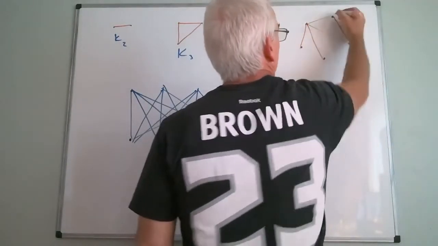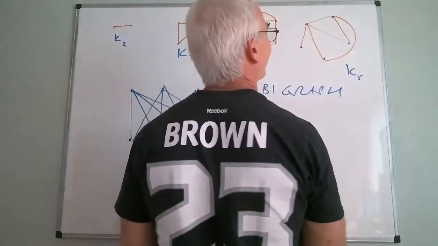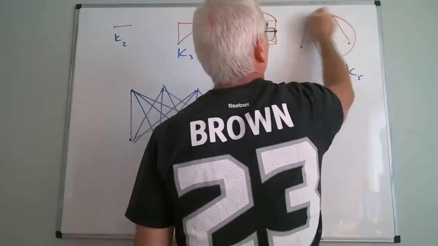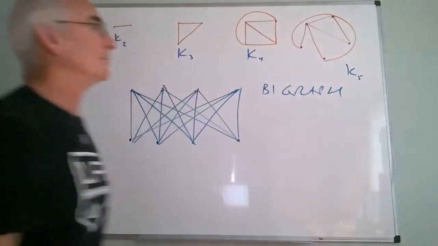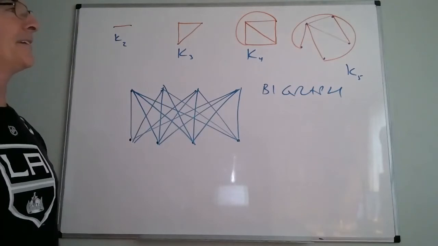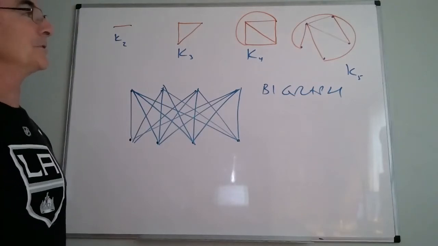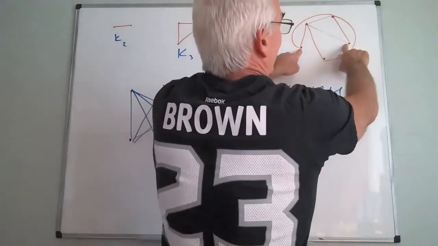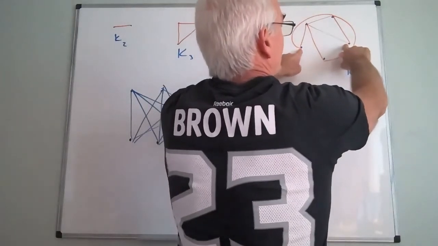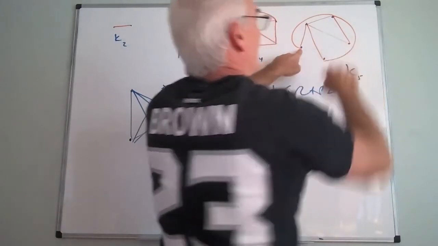Oh my gosh, how am I going to get to here? Oh. How am I going to get to here? Oh, that's easy enough. So right now I've got those two. Is there an issue? Can I get these guys joined without crossing? Is there anything clever I can do?